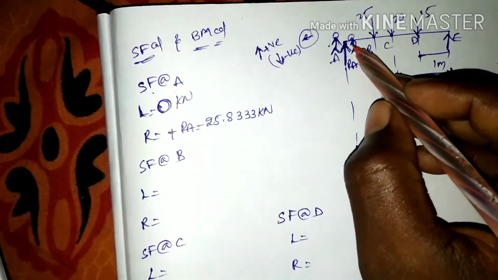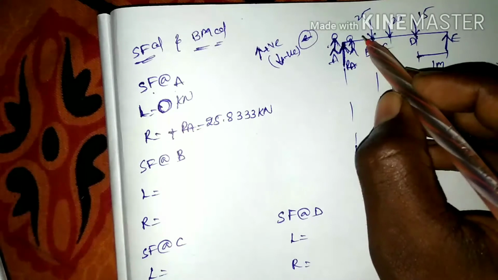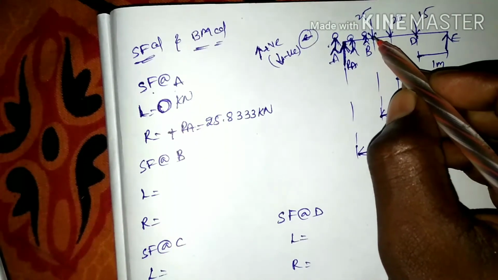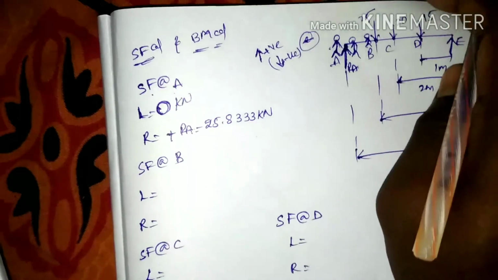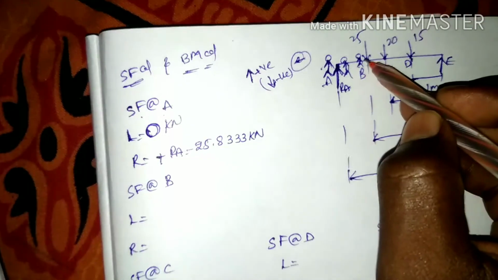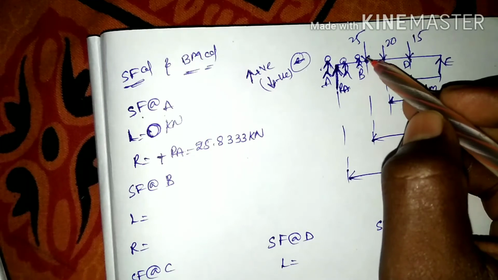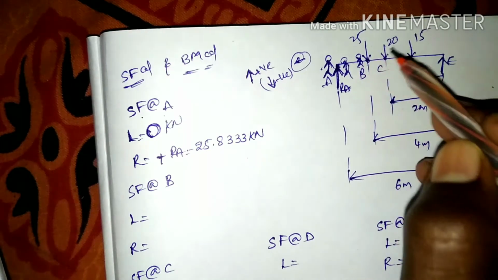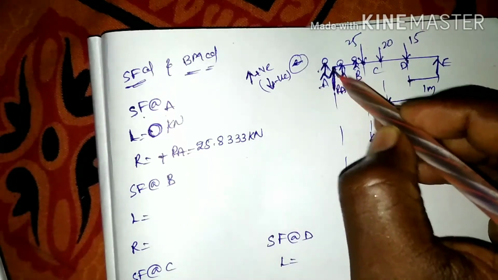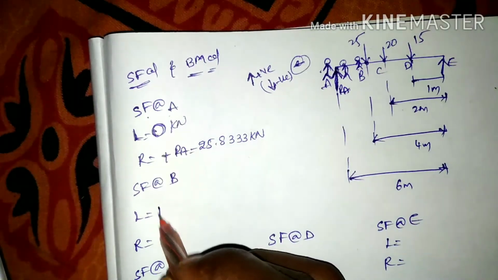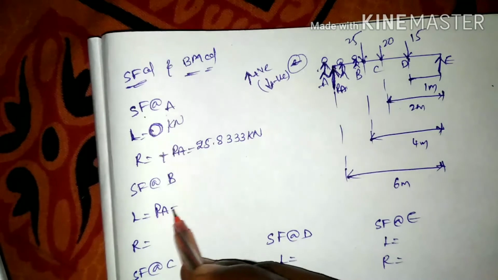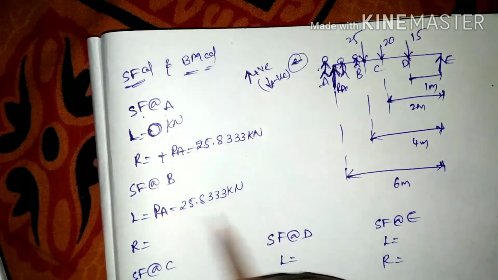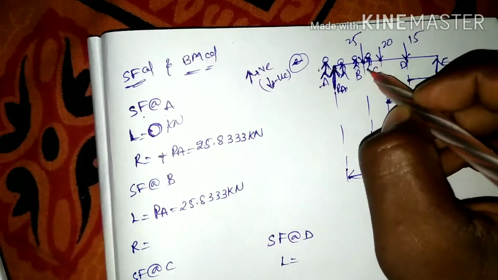And moving on to the B point, when I am going to stand just left to the B, I don't find any type of point loads, and I am looking on the left side. I am going to find only one reaction, that is RA, so that is going to continue up to the B point, that is going to be 25.8333 kilonewtons.